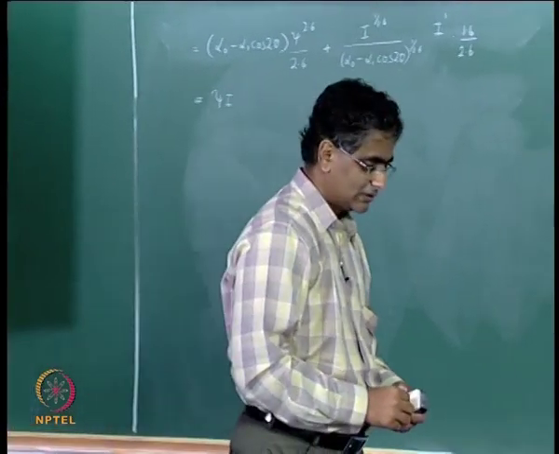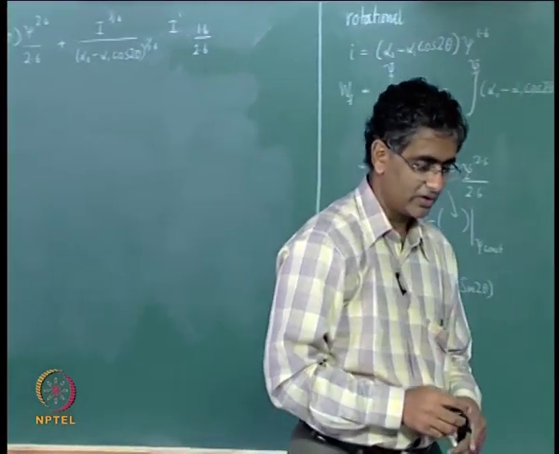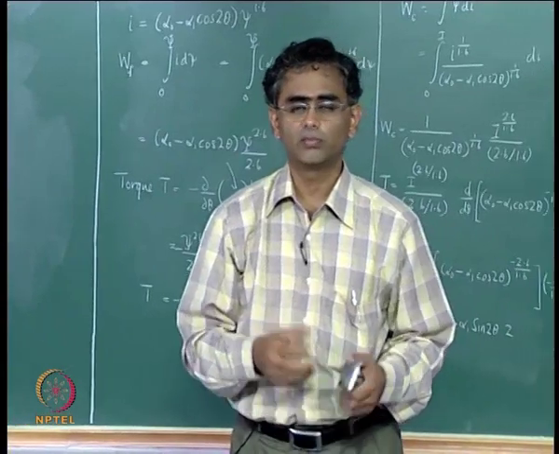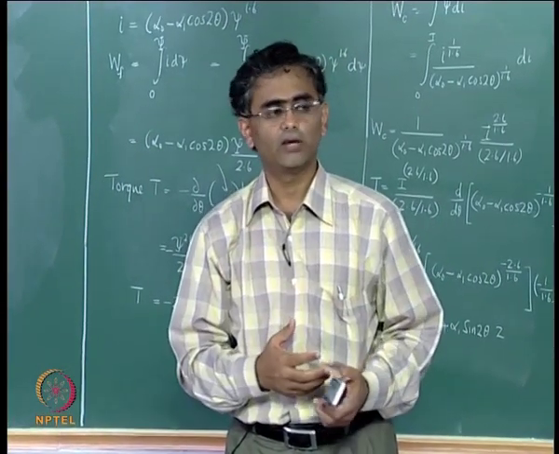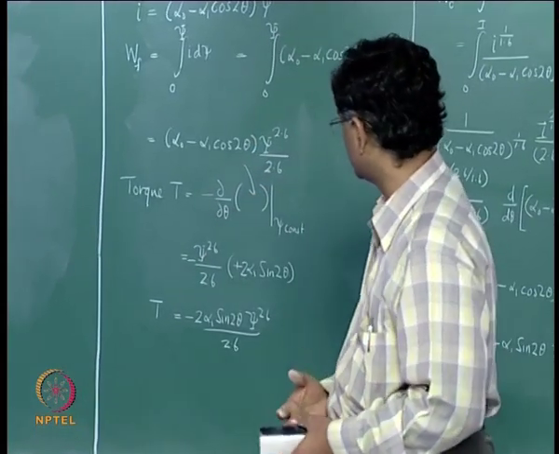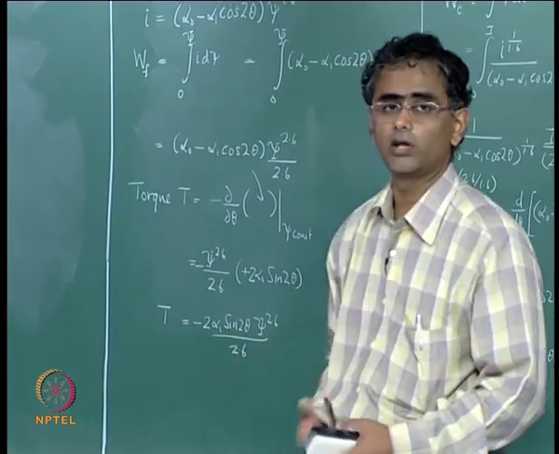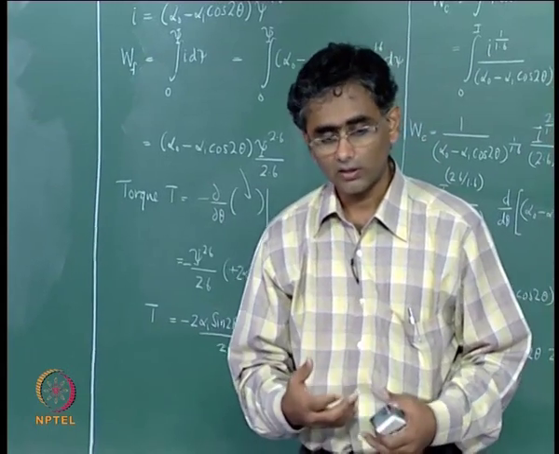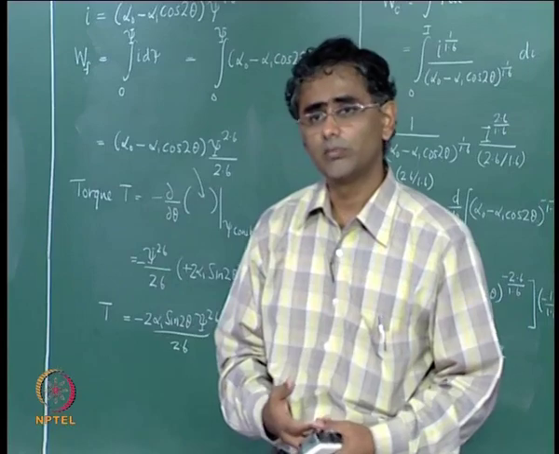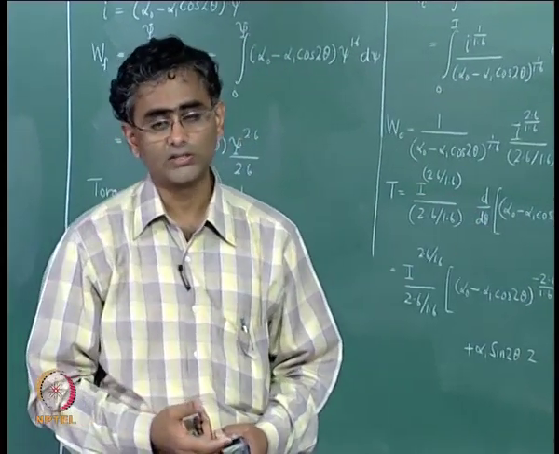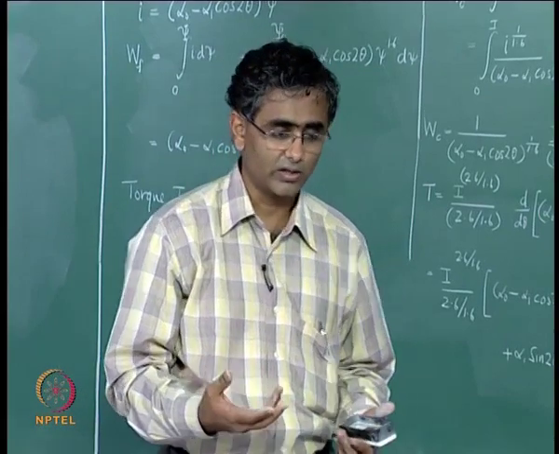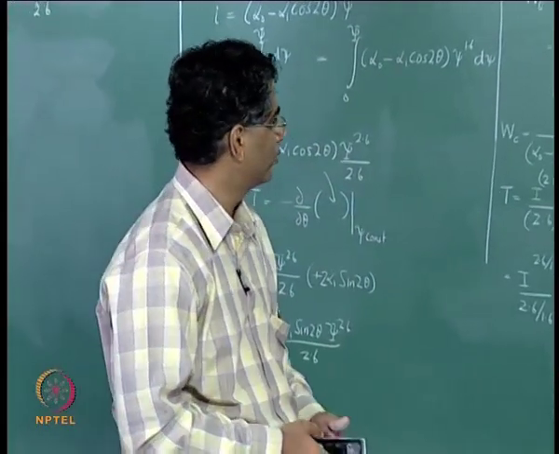So in this lecture, we have seen how to make use of the relationship between field energy and field co-energy and use those to derive an expression for the mechanical torque or the mechanical force that is there in the system. These expressions may not be useful to us in the magnetically linear case, but in the non-linear case we do not have any other way to do it.